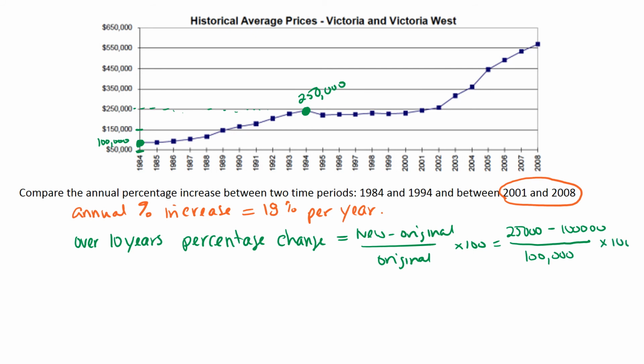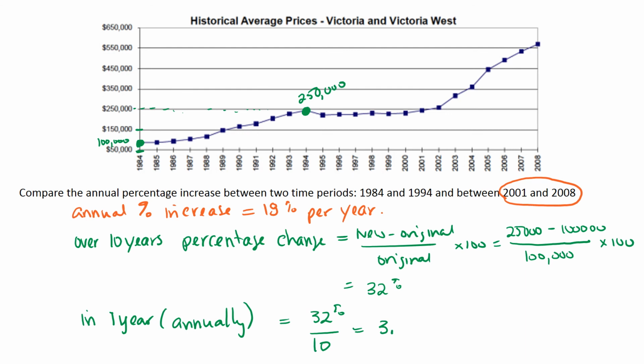And then multiply that by 100. Using your handy dandy calculator and inputting those numbers, you should get a value of 150%. So that's in 10 years, which means that in 1 year or annually, it would be 150% in 10 years or 15% increase.